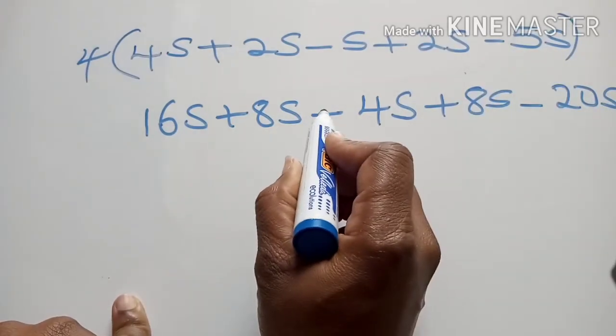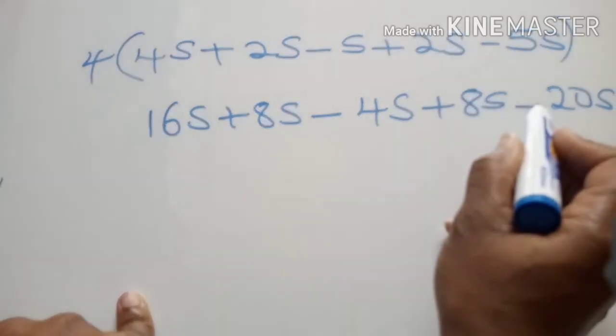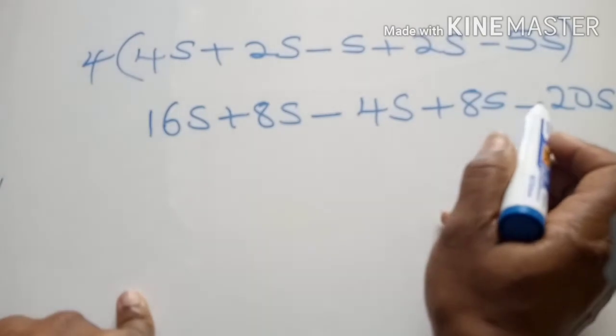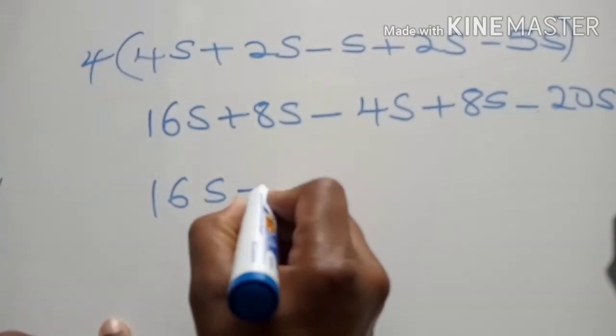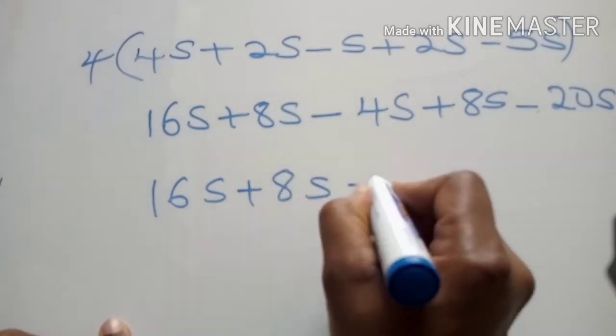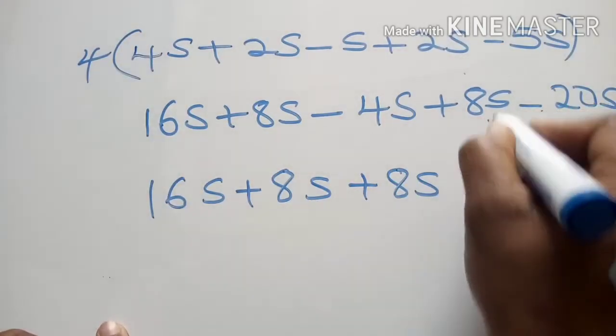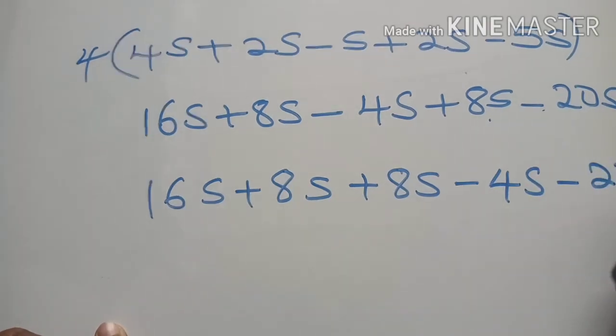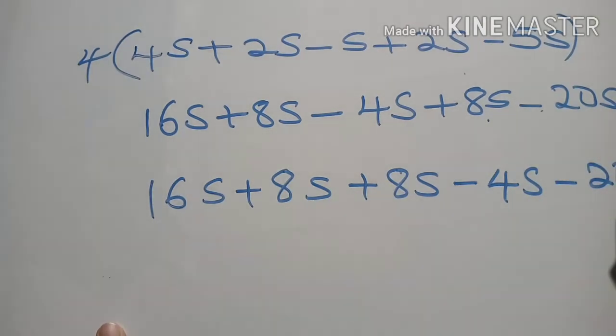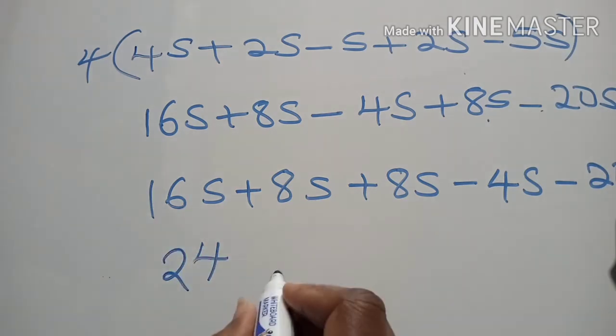So we have a mixture of mathematical addition and subtraction signs. So we are going to rearrange it and say 16s plus 8s plus 8s, and then minus 4s, and then minus 20s lastly. So what is 16 plus 8? 24.